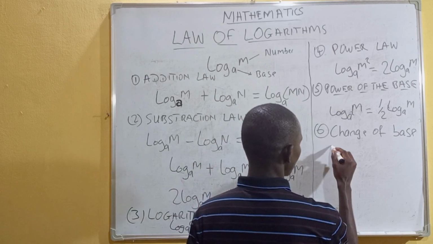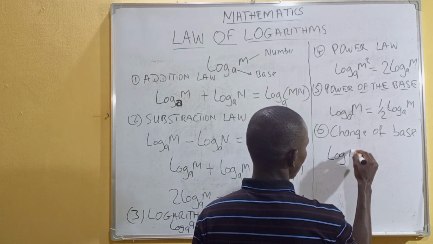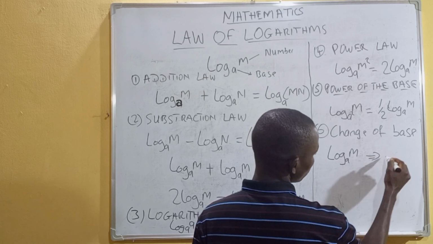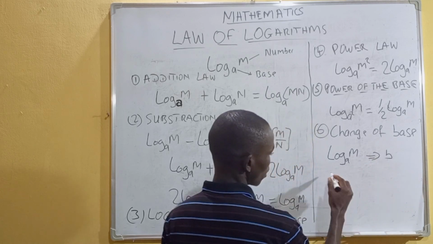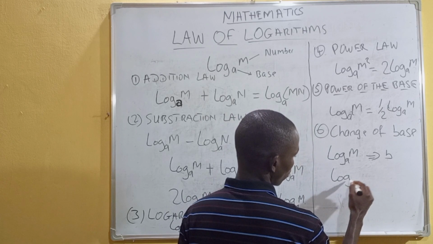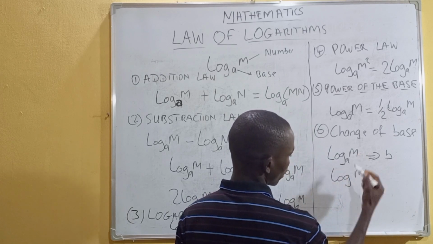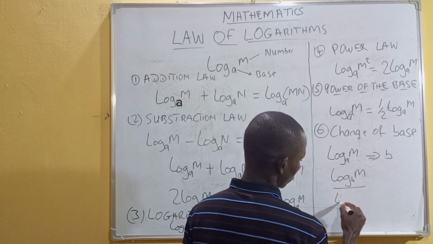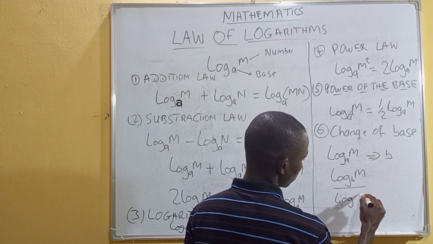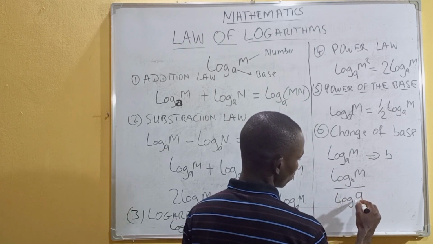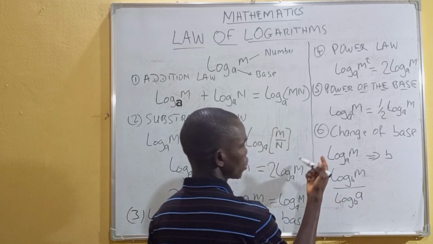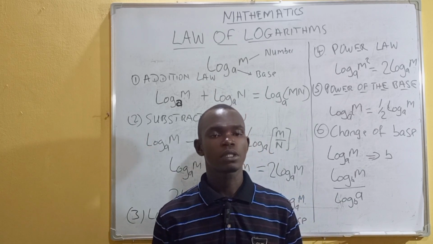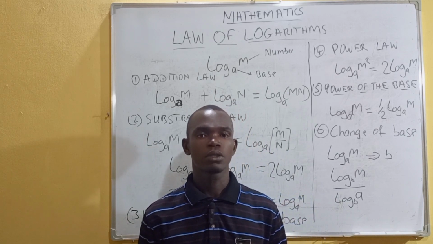If we are to change log n with a base a to a new base b, this will now be the log of the original number to the new base divided by the log of the initial base to the new base. This is how we perform change of base. And we also have the seventh one, which is logarithm of 1.